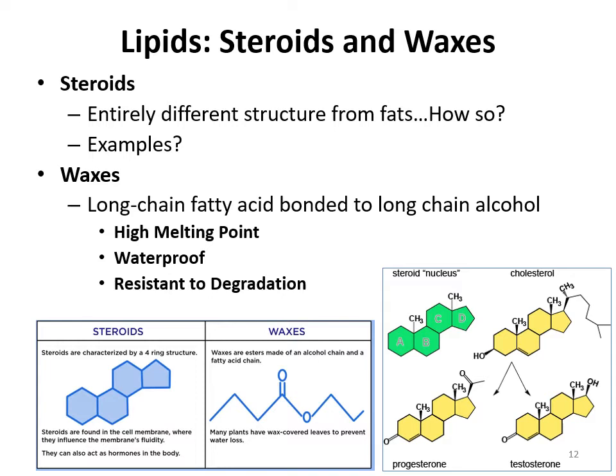It makes them waterproof, which is why you see that glossiness to waxes and why water beads up into droplets on top of it. And they're very tough to break down. Okay, so when you think of waxes, think of fatty acids plus alcohol, and think of a very resistant type of structure.